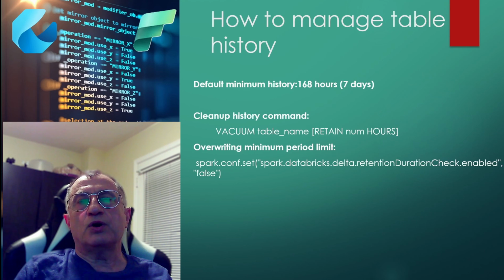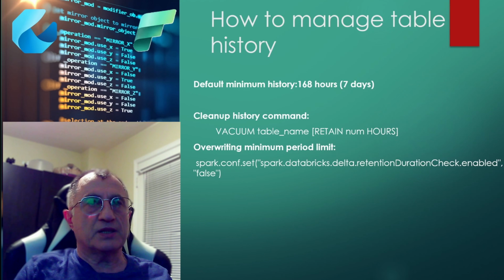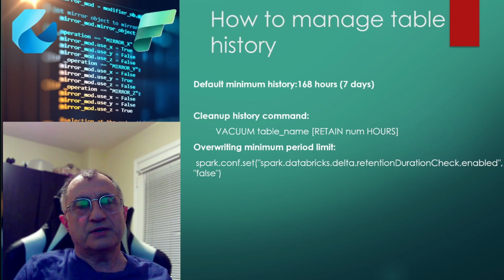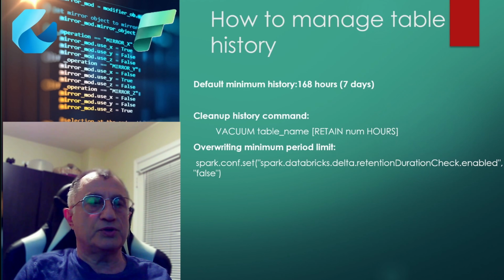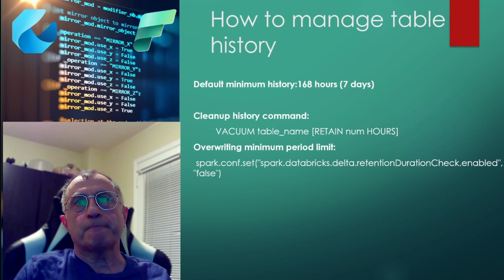Now, if you want to clean up more recent history, by default, Spark won't allow that. The reason is that table history and logs are vital in supporting your data integrity and transaction health.